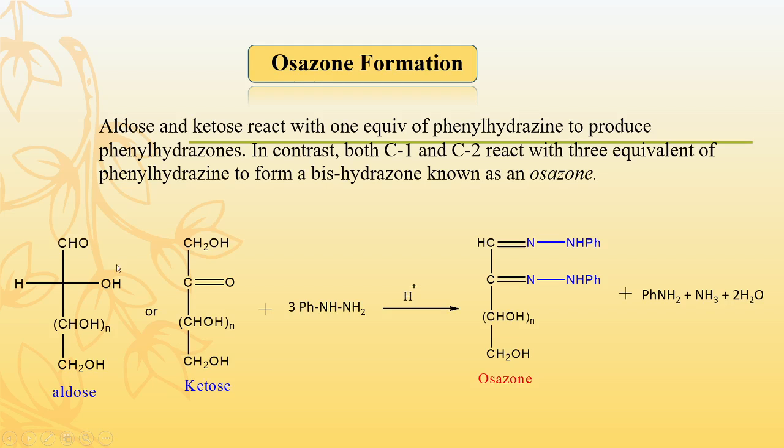That means in the first step we get the phenylhydrazone, then by the removal of aniline and the hydrolysis, we get an aldehyde group on the first carbon atom and a ketone group on the second carbon atom. Once it forms, we again react two equivalents of phenylhydrazine to get the osazone as a product, and this osazone is a derivative of the carbohydrate which can be confirmed.